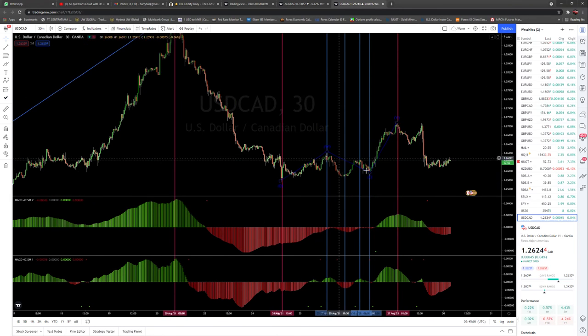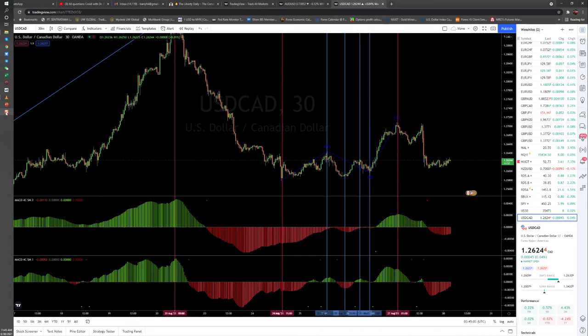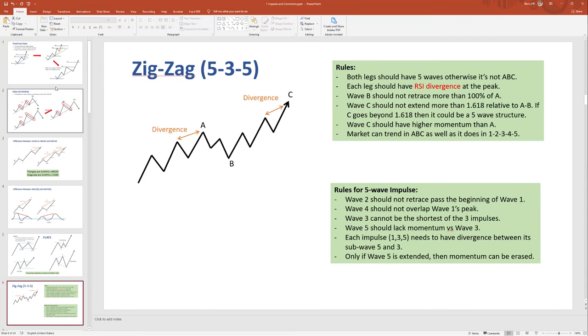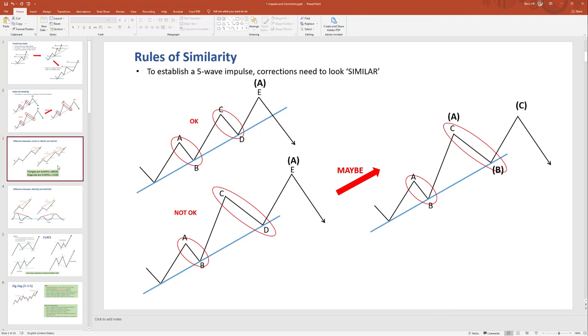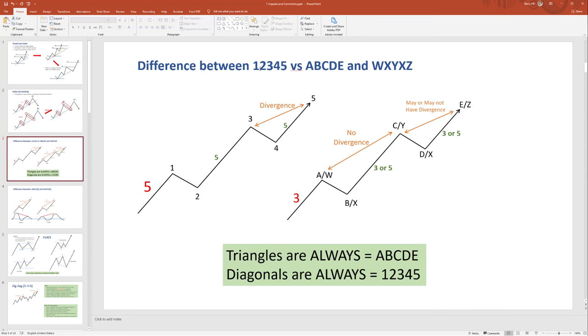Using MACD. And when it comes to labeling, there are certain rules on this PowerPoint slide, like how do we know the difference between 1, 2, 3, 4, 5 versus ABCDE and WXYXZ. We use MACD as well. If we see between the third wave and the fifth wave we have a divergence, then we label it 1, 2, 3, 4, 5.